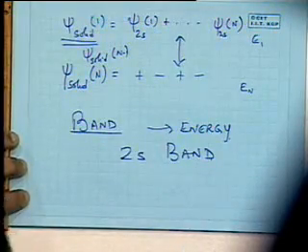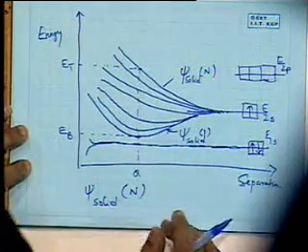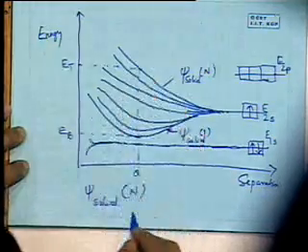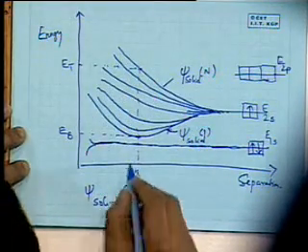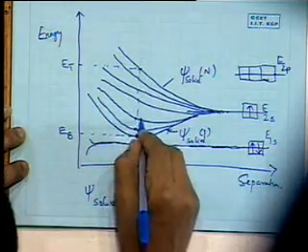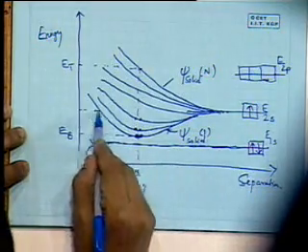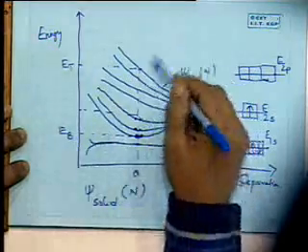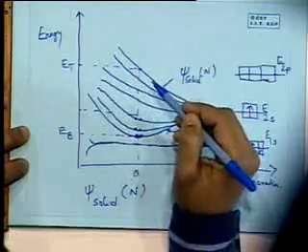Now I've got n electrons, 2s electrons, to play with. If I try to put them in here, I've got n levels, and in each level I can put how many electrons? 2 electrons. So how many levels will get filled up? n by 2 levels are full. The levels are not necessarily equally spaced; that's a simplification we are making.